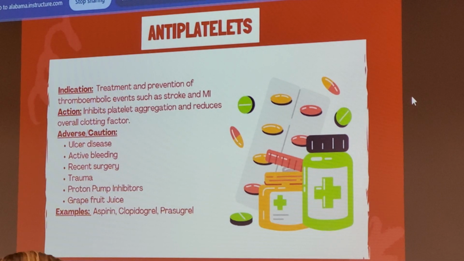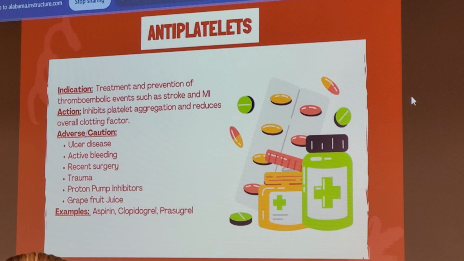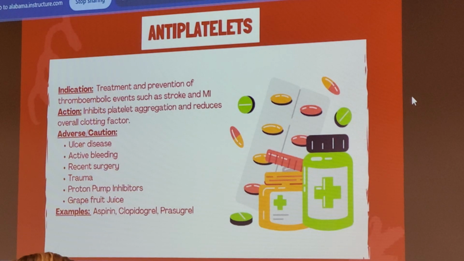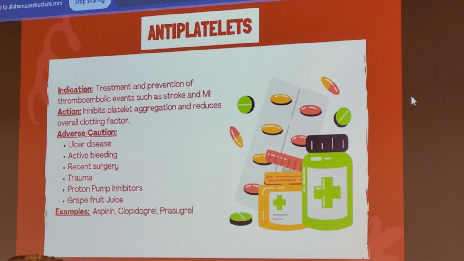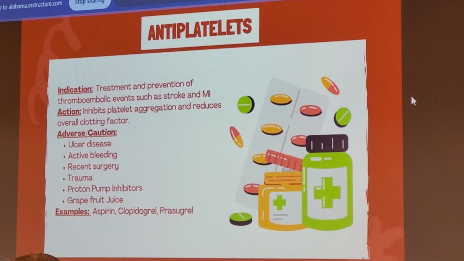Really for any of these antiplatelets and your heparin therapies, we're gonna encourage them to use maybe just an electric razor instead of like a straight razor, okay? Because there's less chance of them nicking their face, okay? Their face is really vascular, so they have a high chance of bleeding. Even the smallest little nick would just continue to bleed to the point where they have to go to the hospital, okay? So that's some of our education piece right there.